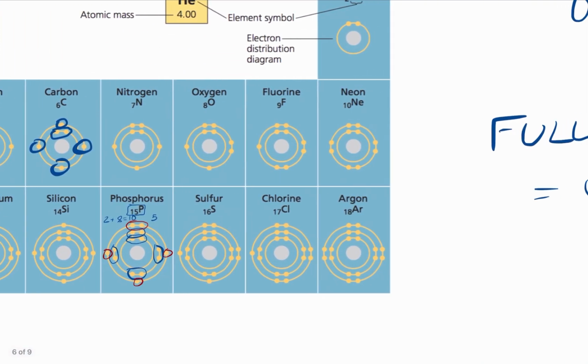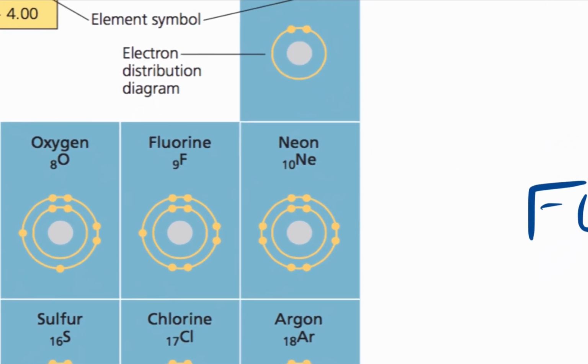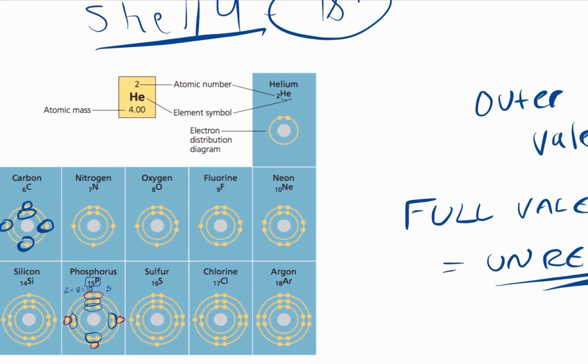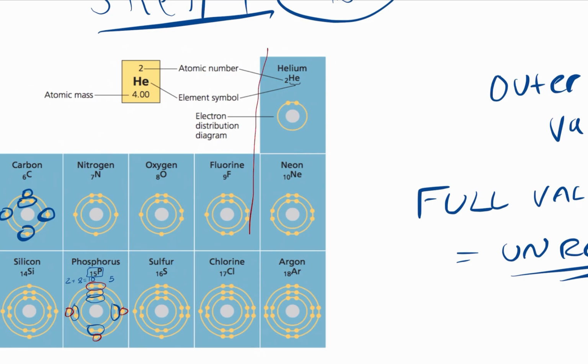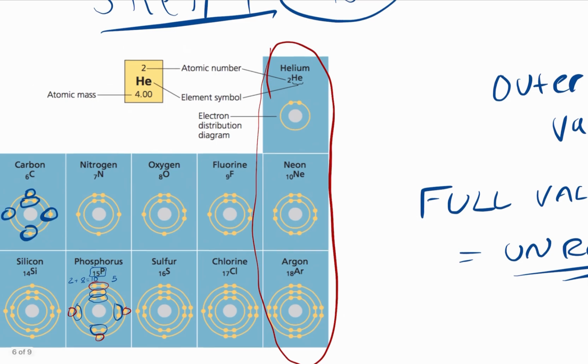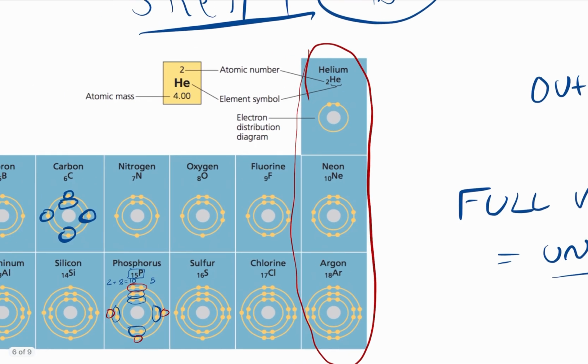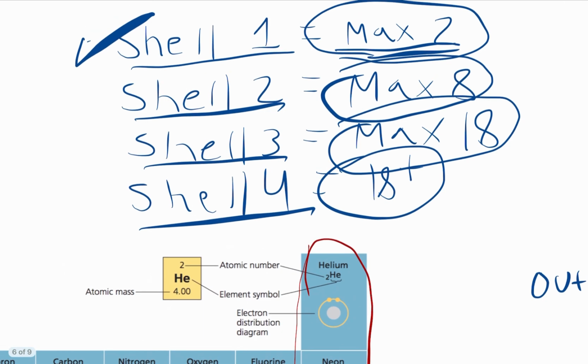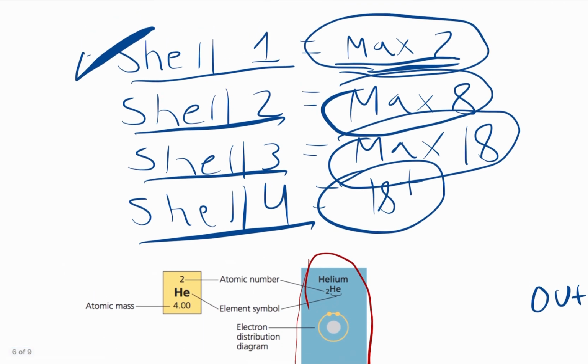And now if we look at another example, something like neon, these are considered our noble gases, our inert gases. They are unreactive. They fill their outer shell. If we look at the rest of these elements, they do not fill their outer shell. They can still hold more electrons based on the maximums that we see up here.